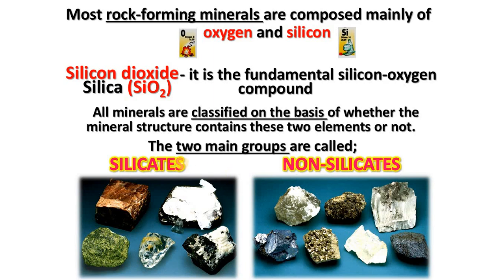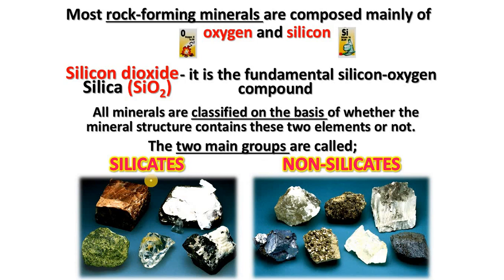When we say silicates, they have silicon dioxide or silica as part of their structure, and those non-silicates are without. These minerals have no silicon dioxide in their chemical structure. So wala. Non-silicate at saka yung silicates.